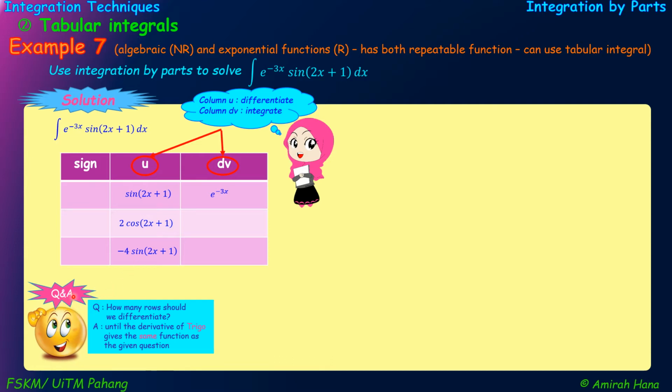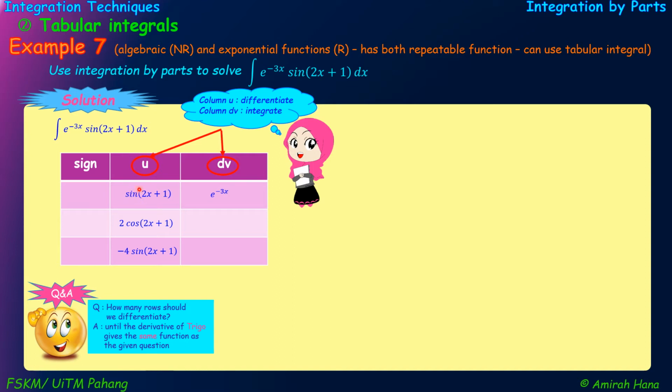Question and answer: how many rows should we differentiate? Until the derivative of the trigo function gives the same function as in the given question. In this case, our trigo function is sine.